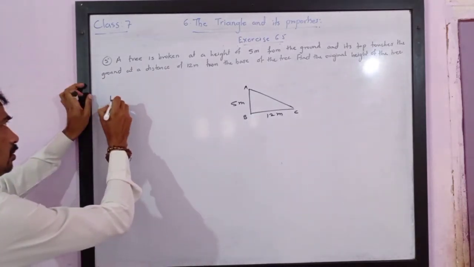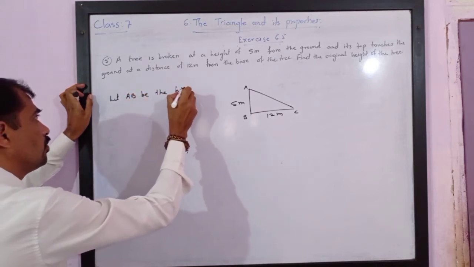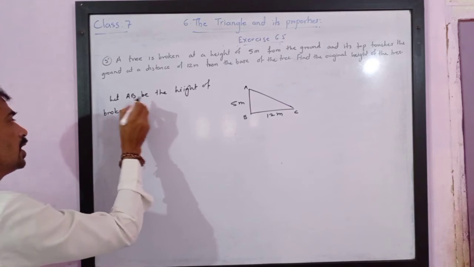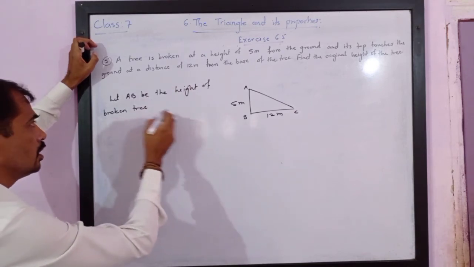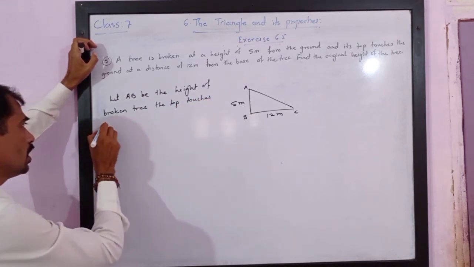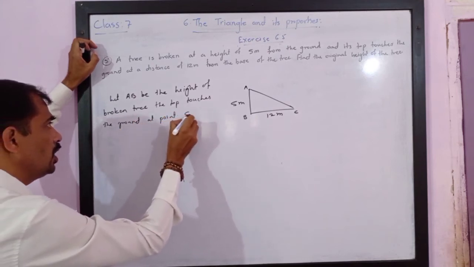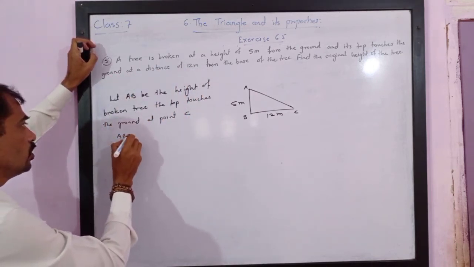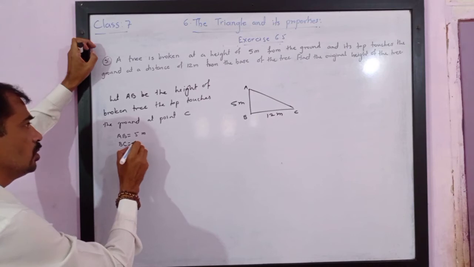Let AB be the height of the broken tree, and the top touches the ground at point C. Since it touches the ground at 12 meters, we have AB equal to 5 meters and BC equal to 12 meters.